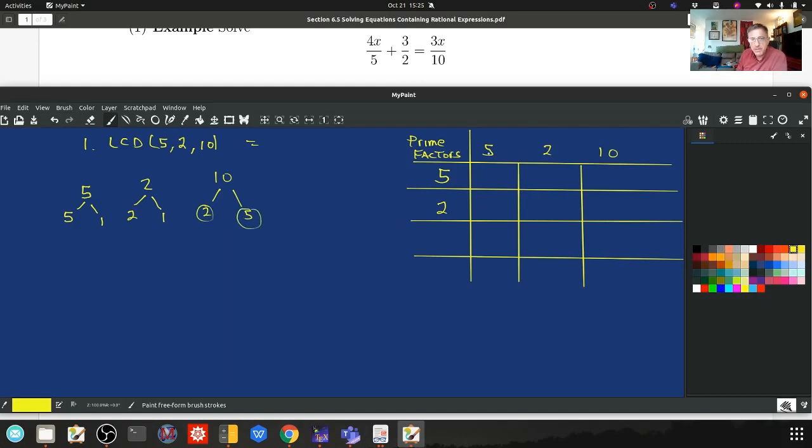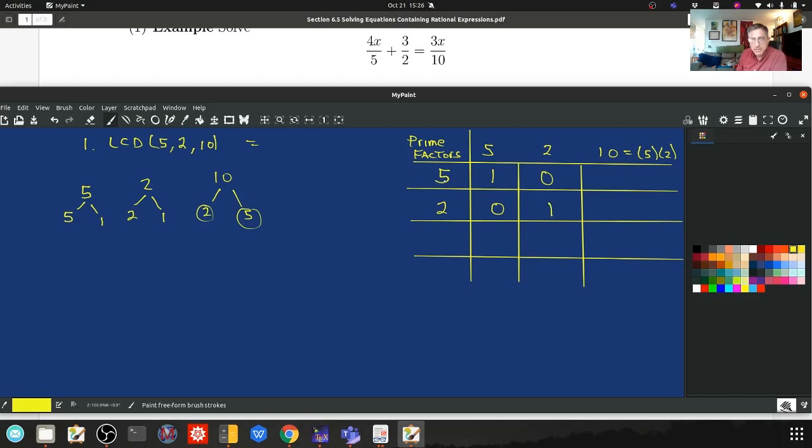So let's go. How many times is 5? If you want to put over here, 10 is equal to 5 times 2. That may be helpful. How many times does the factor of 5 appear in 5? 1. How many times does 2 appear in the factor 5? 0 times. How many times does 5 appear in 2? 0. How many times does 2 appear in its own factorization? 1.